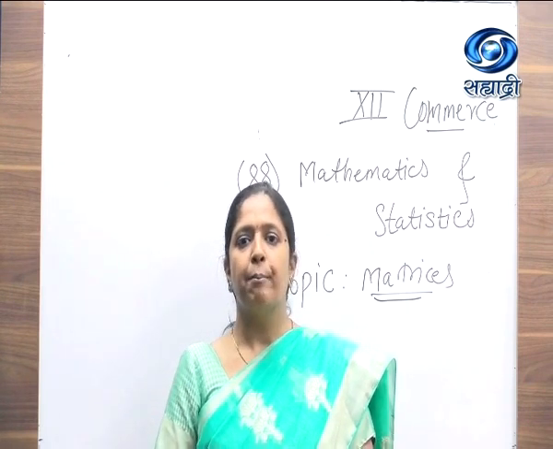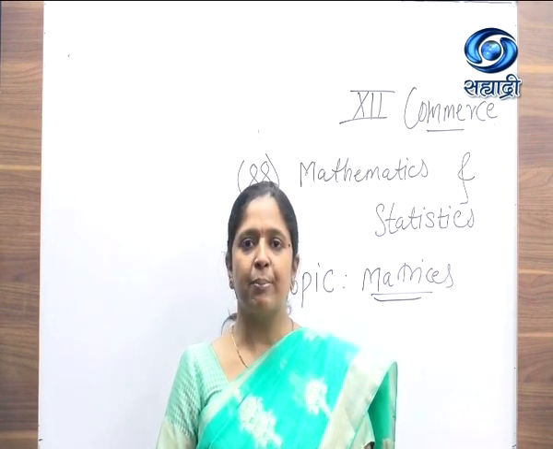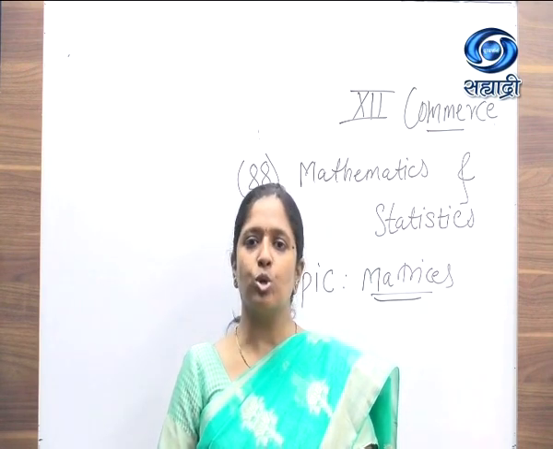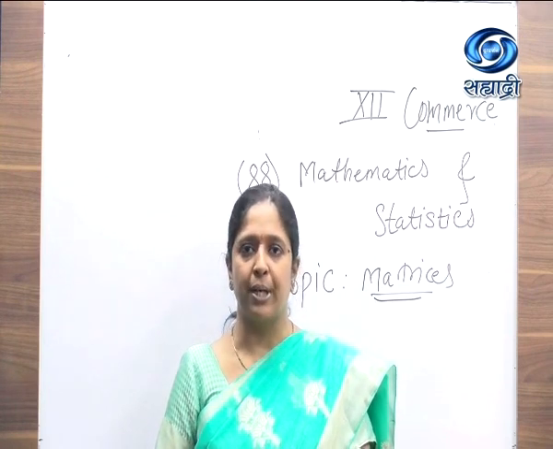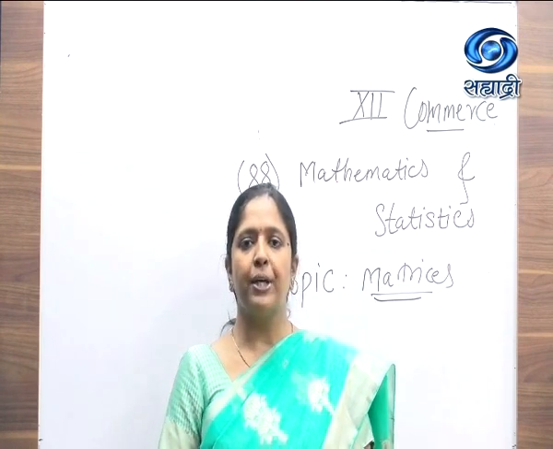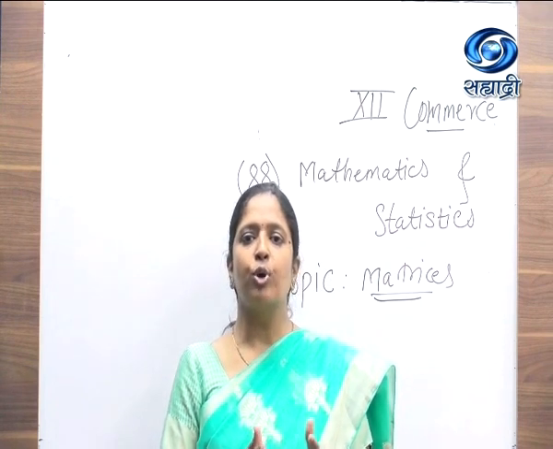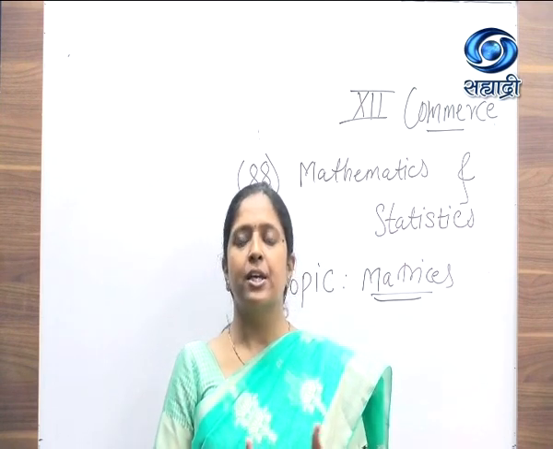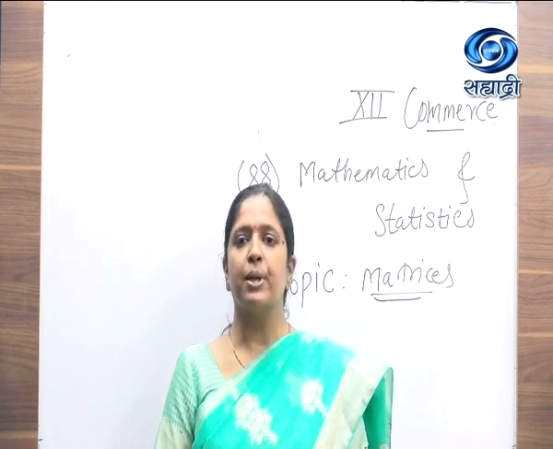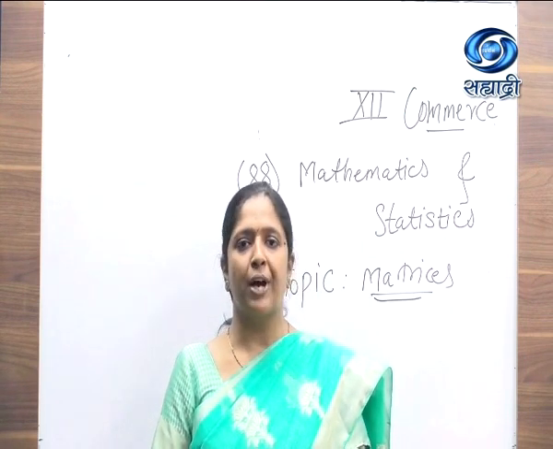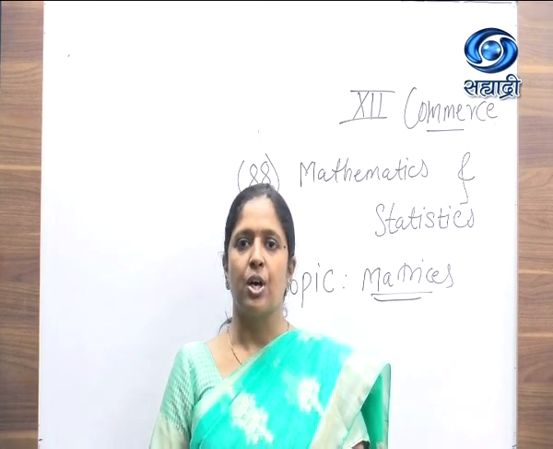The remaining are easy, but in matrix multiplication, first of all you have to check whether two matrices are conformable for matrix multiplication. That means the number of columns of the first matrix must equal the number of rows of the second matrix. If it is possible, then only can we find the matrix multiplication.